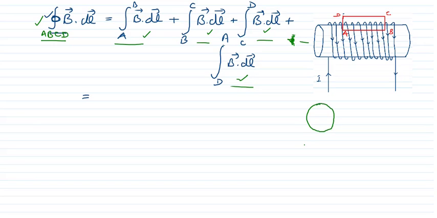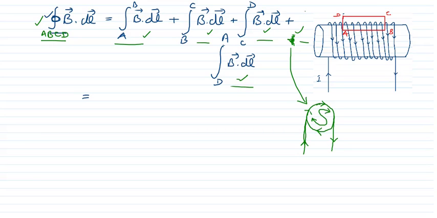Now the current is moving from the downside and taking a circular path and then coming out. Therefore, what we will view from this angle is like this. Therefore, the current will be clockwise. Clockwise means it will behave like a south pole.